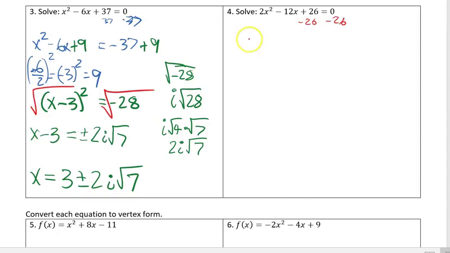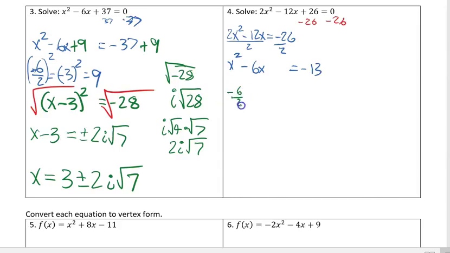So then I get 2x squared minus 12x equals negative 26, and divide everything by 2, and I get x squared minus 6x equals negative 13.